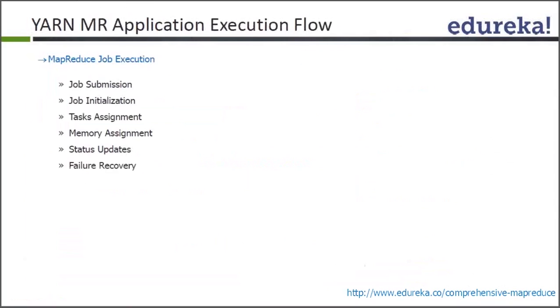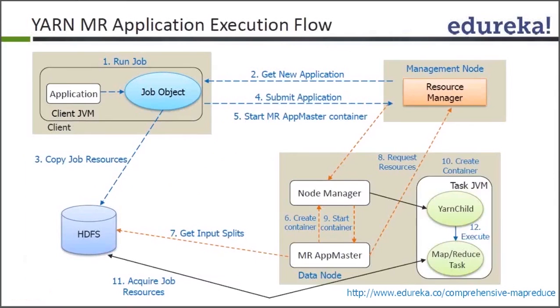Let me go down to the actual slide now so that this becomes clear for you. Step number 6 is the node manager starting the container. There is the application master. Okay, so think of this arrow that you see over here, friends. This arrow that is highlighted, that goes from the application master to the node manager, should actually be the other way around.